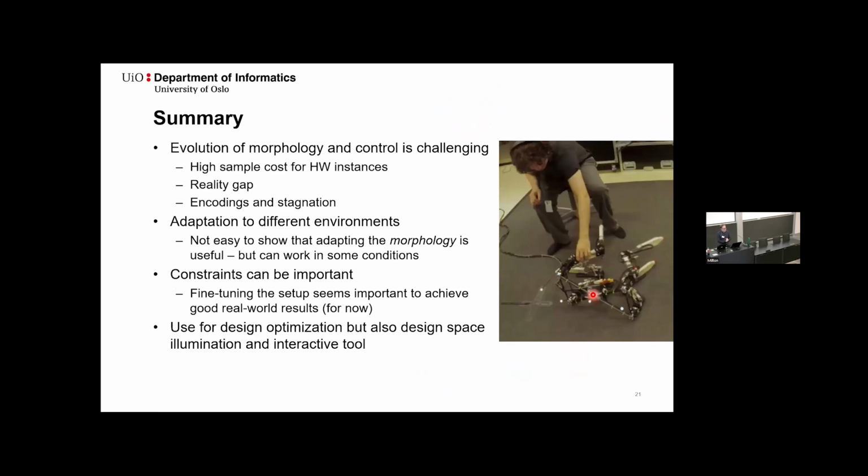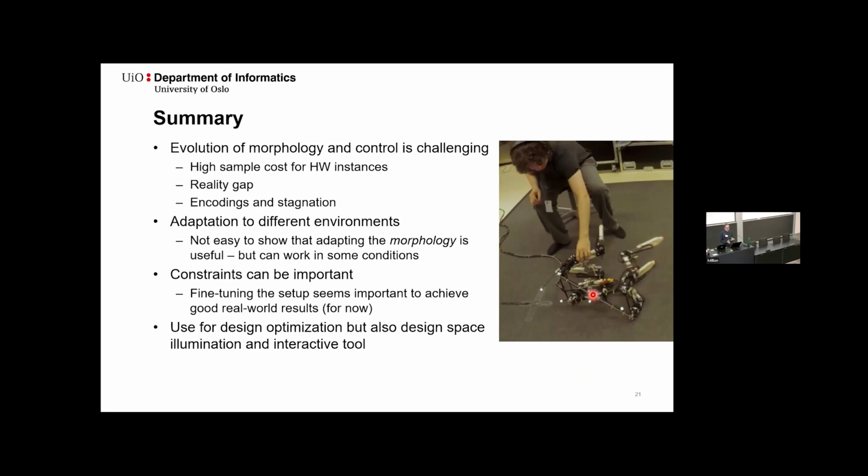So to summarize, it's quite a challenging task to do this. There's the problem of the high sample cost. We have the reality gap. I think others are touching upon this topic a lot also, the encodings and how to avoid stagnation in the search and so on. And it's quite tricky to actually observe that robots need to adapt their morphologies and control.